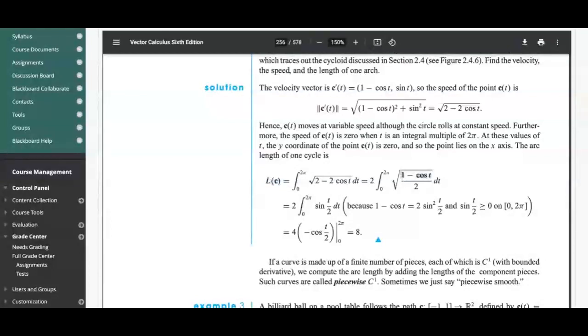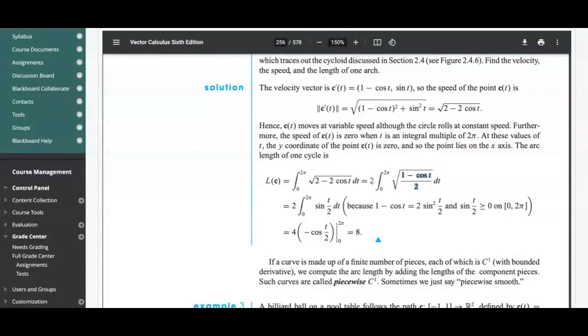We rewrite this as half of 1 minus cos t, right? We want to use the half angle formula. But we have to offset by 4, because it was 2 before. Now we do half, so half times 4 gives us back 2.